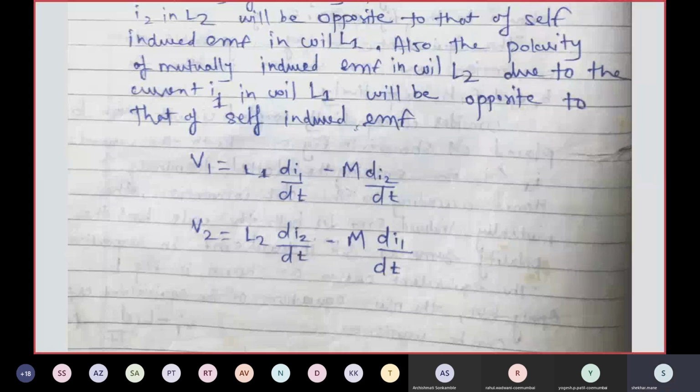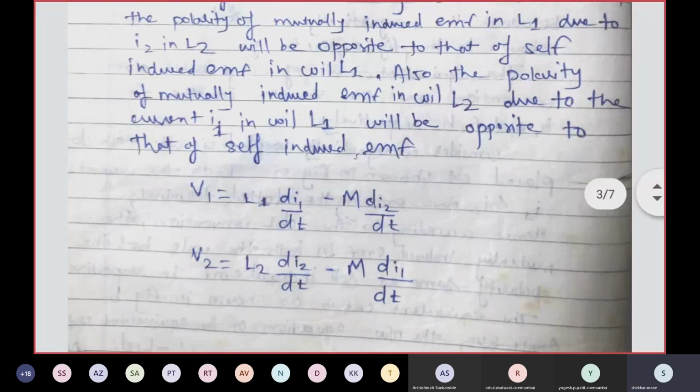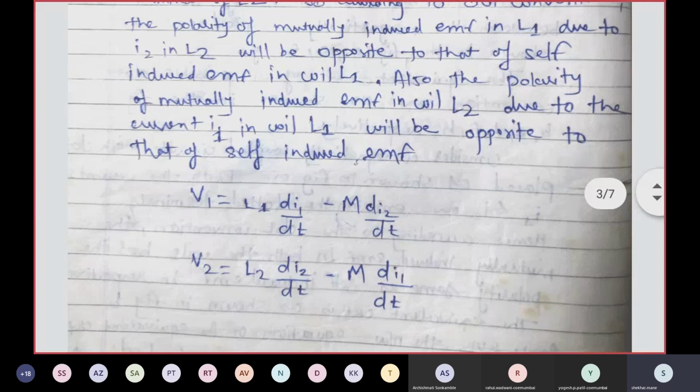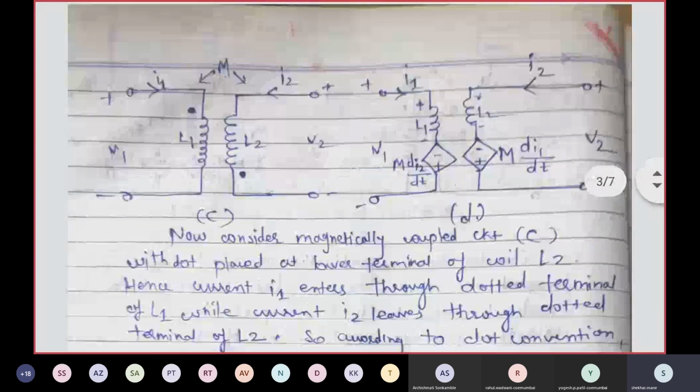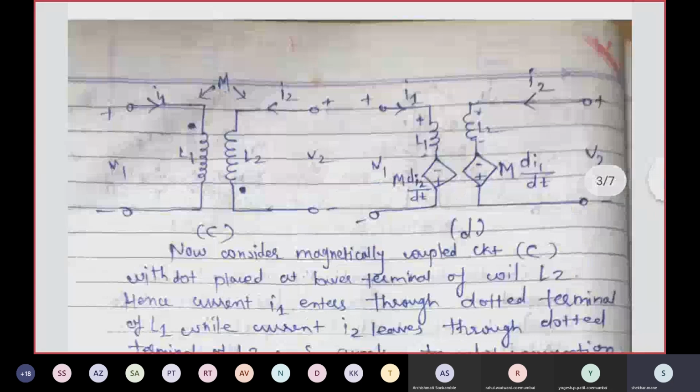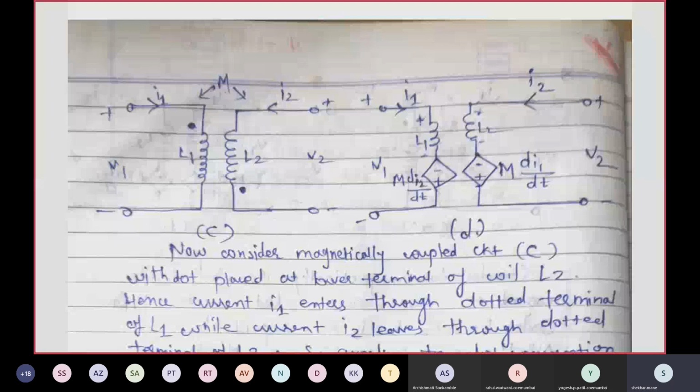So self induced EMF और mutually induced EMF दोनों का polarity opposite रहता है. That's why it gets subtracted from the self induced EMF. So have you understood this? Whenever in one dot current is entering and in the other dot current is leaving, then mutually induced EMF polarity is opposite to that of self induced EMF polarity.